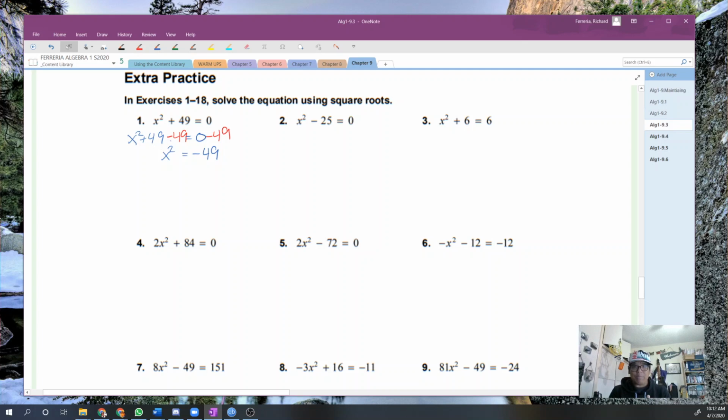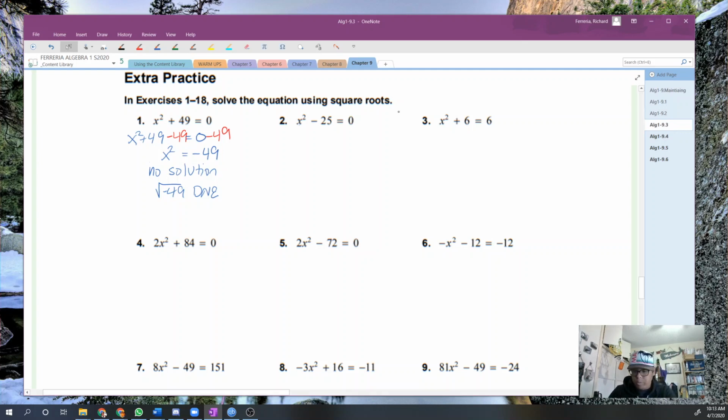Now remember what comes next, the square root. And we're going to take a square root of a negative number here. So what does that mean for us? Well, that means there's no solution. The square root of negative 49 doesn't exist. So remember, if you're taking the square root of a negative number, there is no solution.